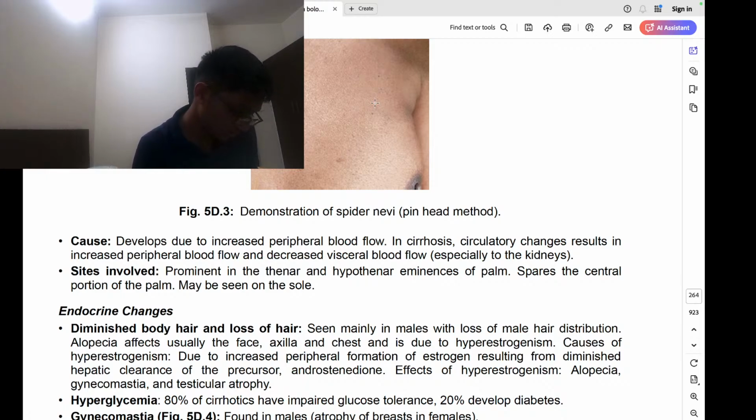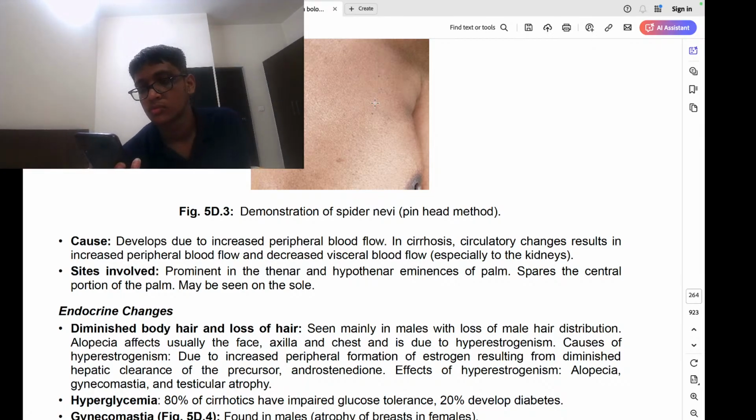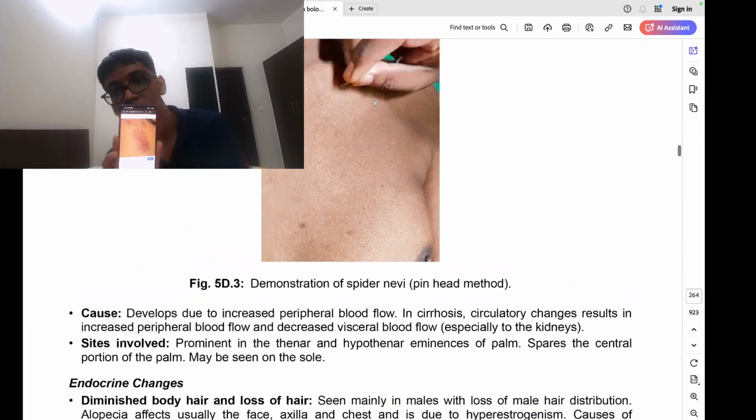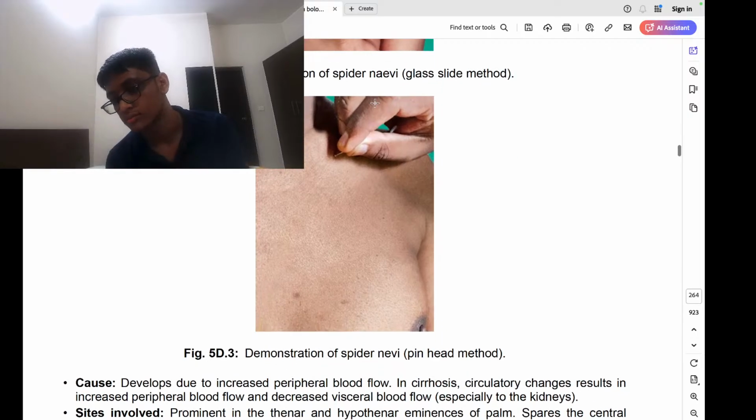Maybe you'll get it from here. Yeah, it appears like this. And this one doesn't show that. It's almost like a bruise.